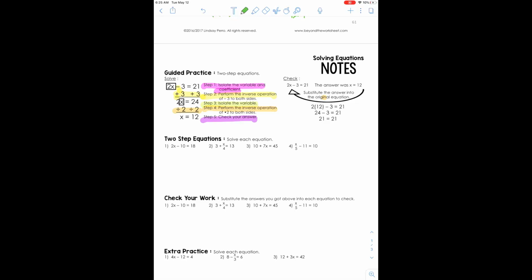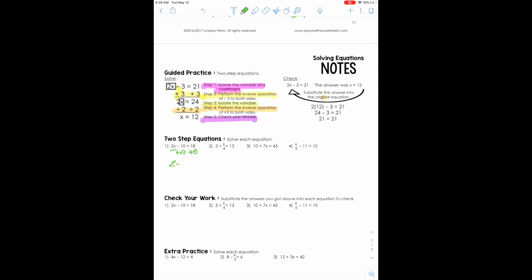So our first one is 2x minus 10 equals 18. So our first step is to isolate our 2x. So that means we have to get rid of the minus 10. So the inverse of subtraction is addition. So we're going to add 10 to each side.